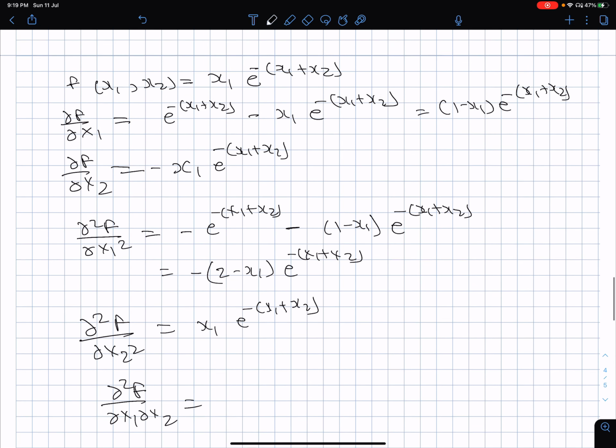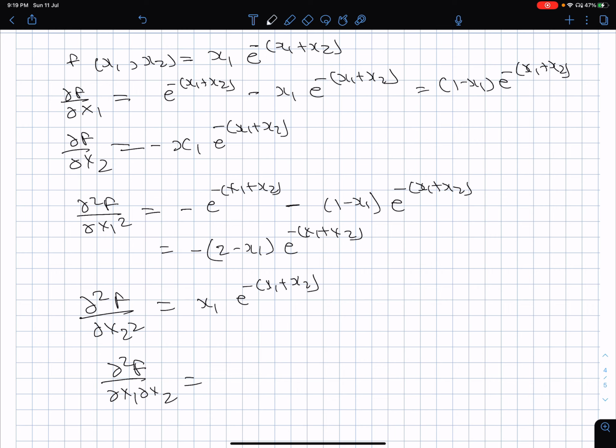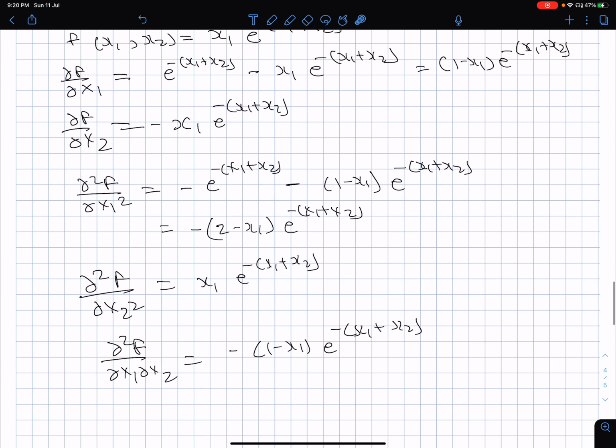So therefore, when I take the partial derivative with respect to x2 there, this is going to be minus of (1 minus of x1) into e to the power minus of (x1 plus x2). Is it not? So this is going to be the partial derivative of this term with respect to x2.